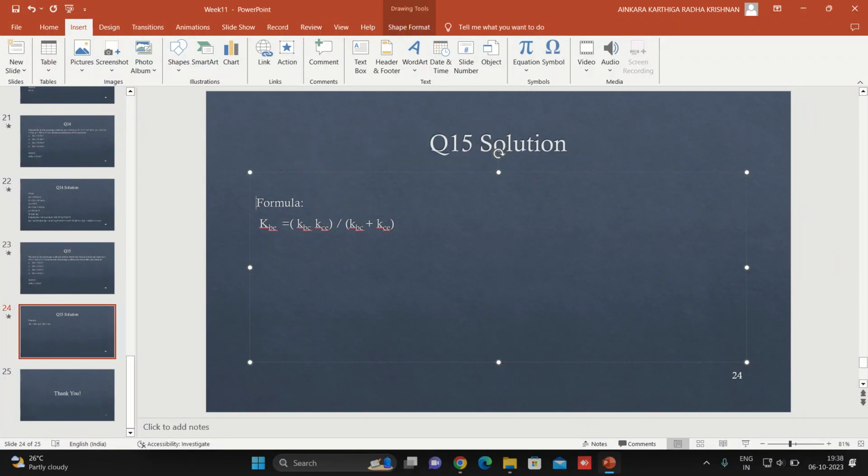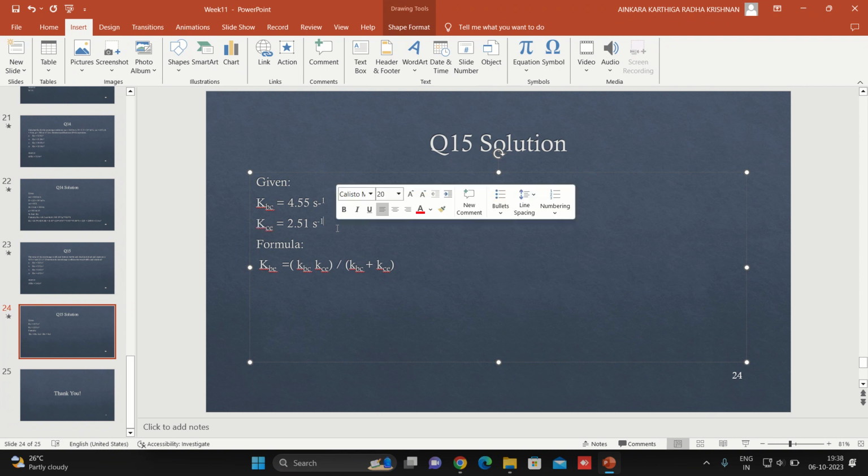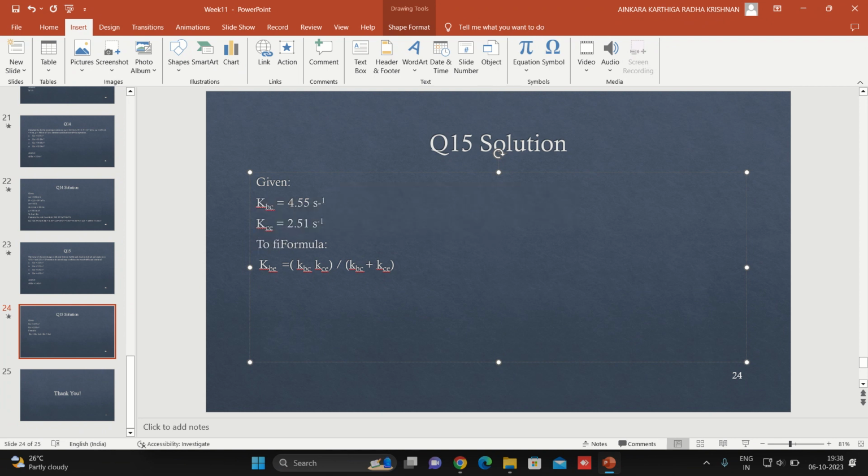The formula is this. Now we need to substitute all the values in this.